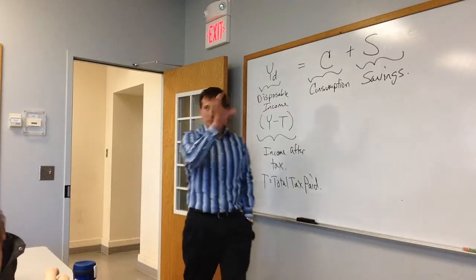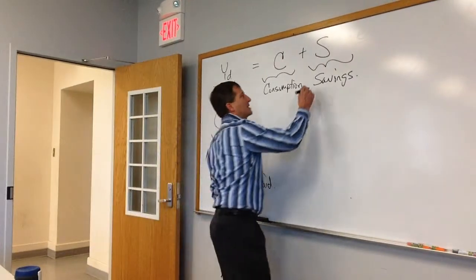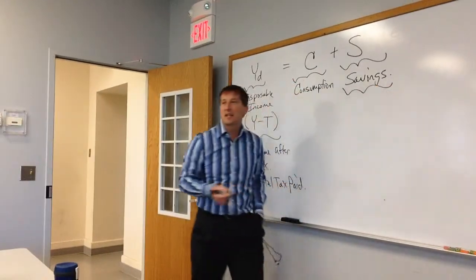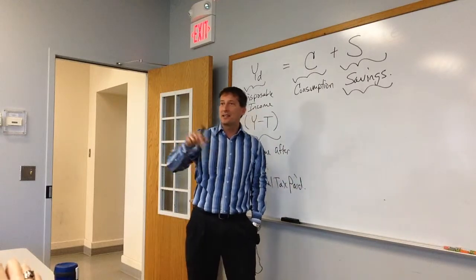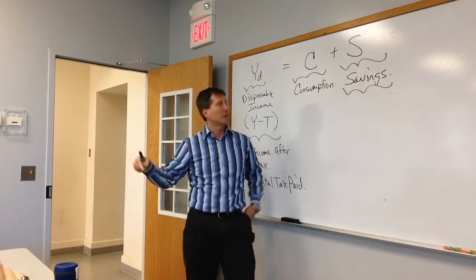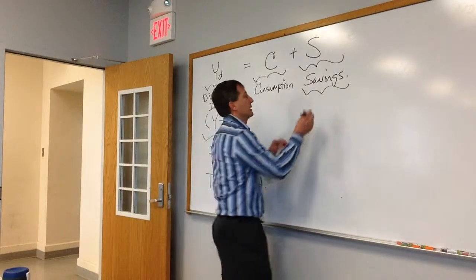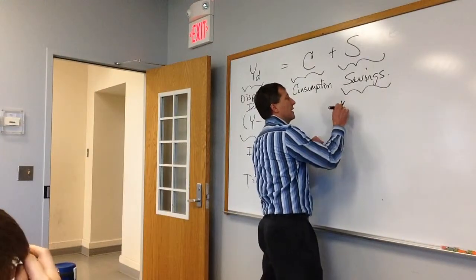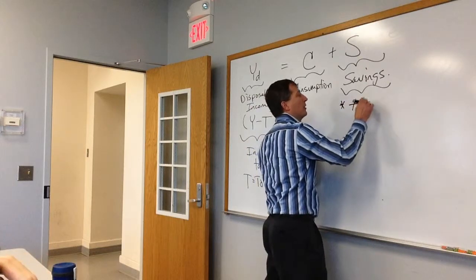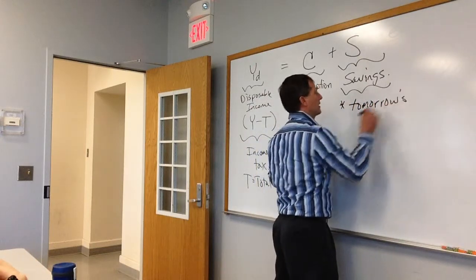And economists like to put a little twist on that savings. We just think of savings today as tomorrow's consumption. So it allows you to consume more stuff tomorrow. I'm either consuming today or I'm consuming tomorrow. So you can kind of think of this as tomorrow's consumption.